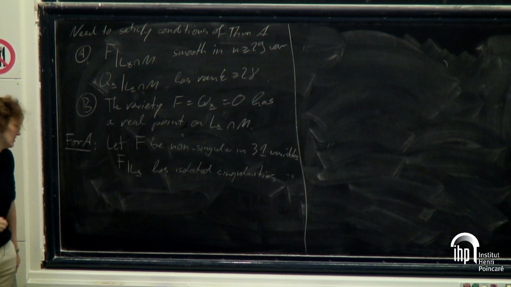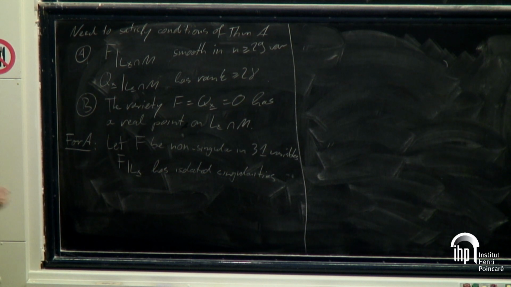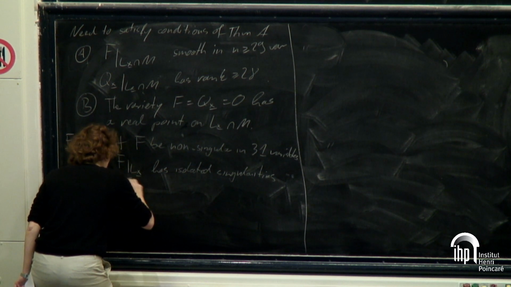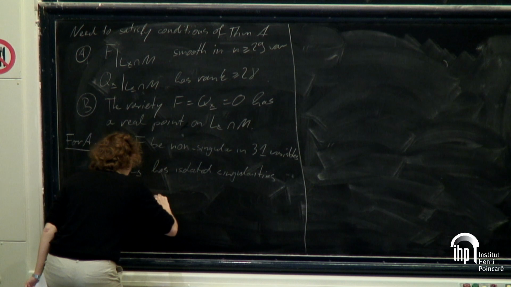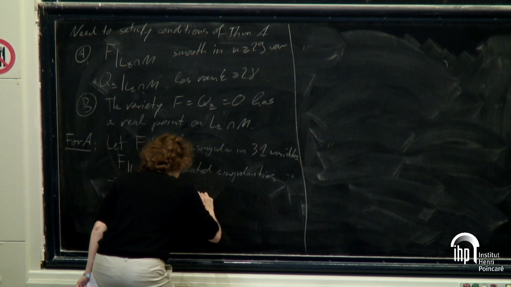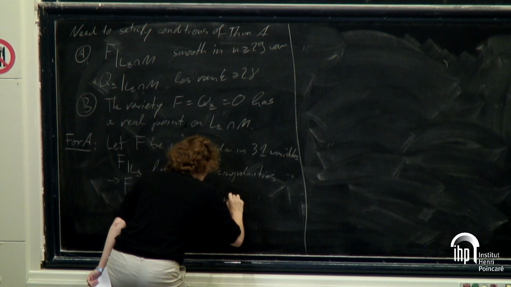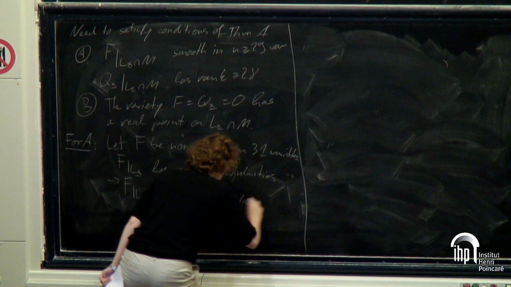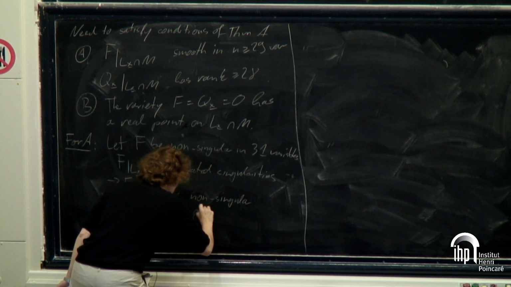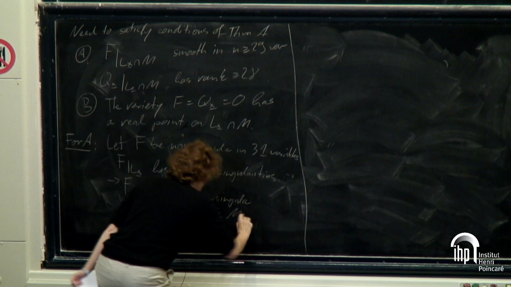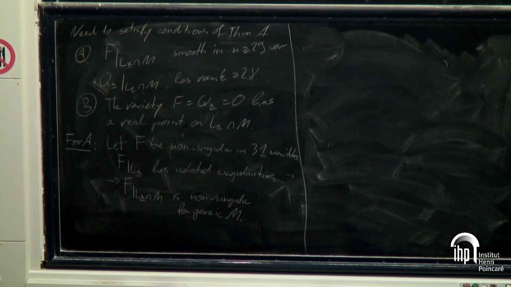So if we choose M not too unfortunate, then we get something non-singular back. And for the quadratic form, it's really the same thing.